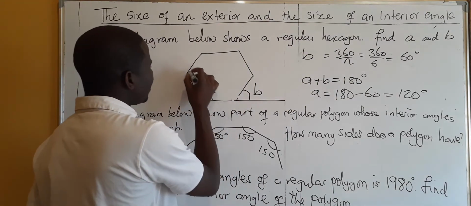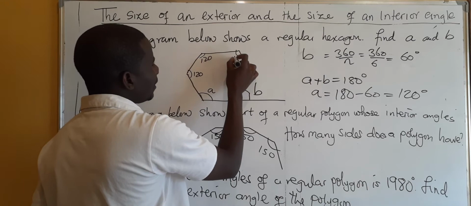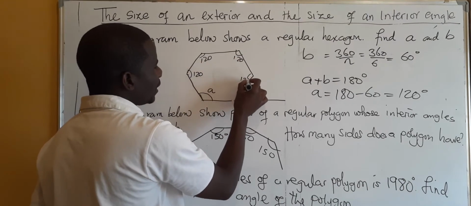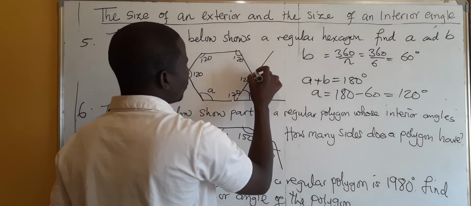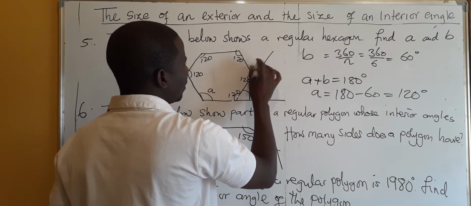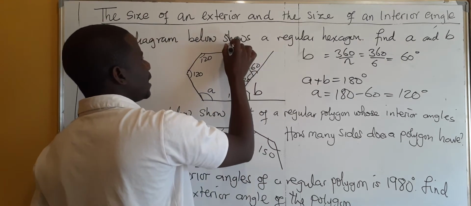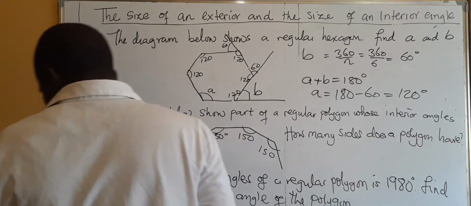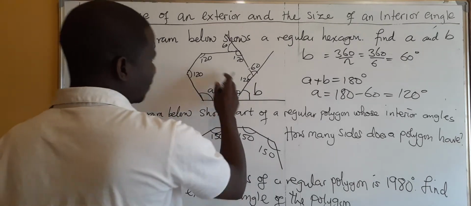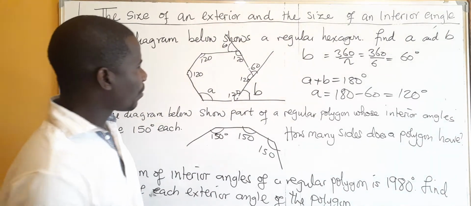That simply means this is 120, this is 120, this is 120, this is 120, this is 120 here. And also if this one goes like this, this is what? 60 here. If also this one extends like this, this is 60 here. This is basically what has been dealt with in this other question here.